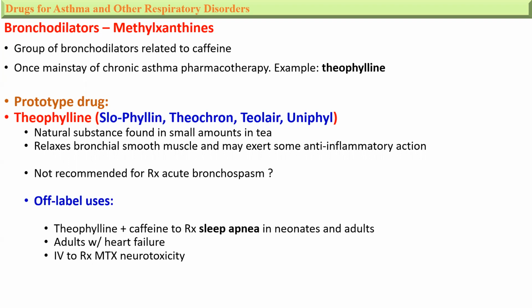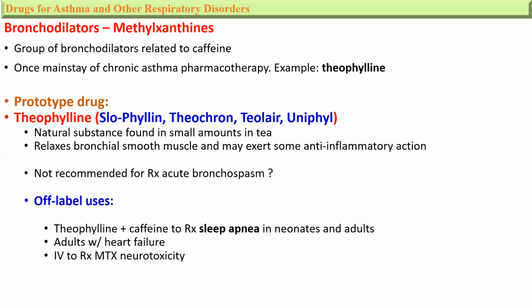However, because of its narrow margin of safety and its interaction with too many medications, its use has become very limited compared to past use. It's a natural substance found in small amounts in tea.